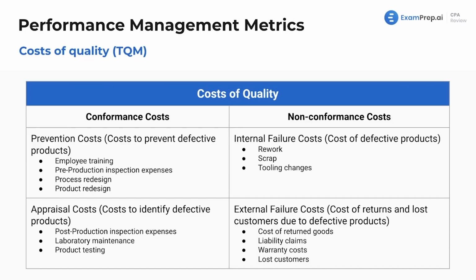Well, quality is, right, what's quality? It's defined by the marketplace generally as the product or company's ability to meet or exceed customer expectations. Now, these costs of quality, you see here, they're broken out into two categories, and then these two categories are under conformance, and these two categories are under non-conformance.